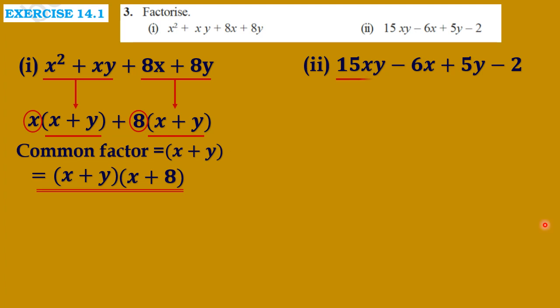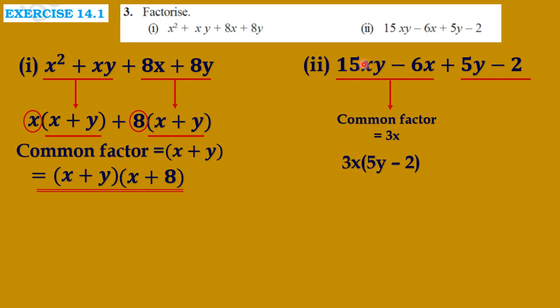So here I am taking first 2 terms, last 2 terms. So first 2 terms, what is common? What is the HCF of 15 and 6? It is 3 and x also common. So the common factor is 3x. Take that out. So what will you get? 3x has been taken out. So 3 into 5, 15.